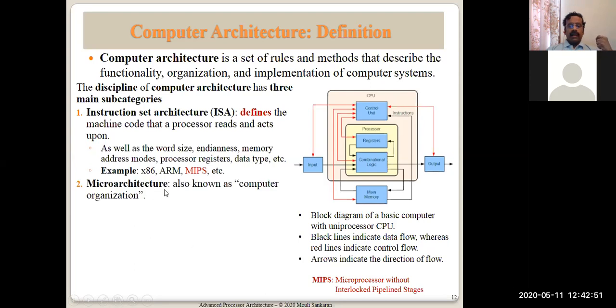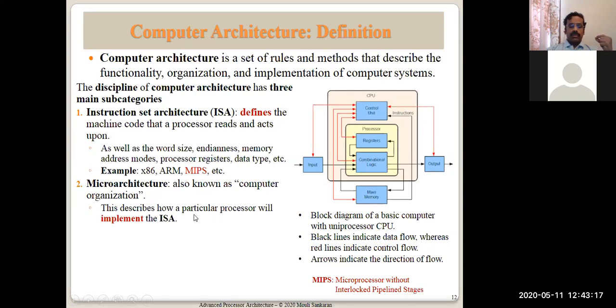Then microarchitecture. This is about the organization, the computer organization, which we studied. This describes how a particular processor will implement the ISA. See, the ISA is a specification of different instructions. It doesn't talk about the implementation aspect. Whereas in the microarchitecture, we implement the ISA in a processor.